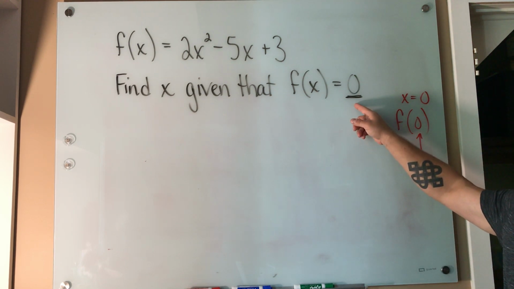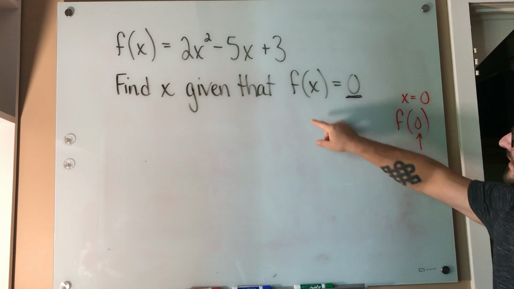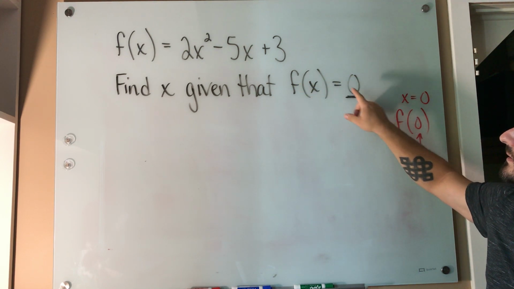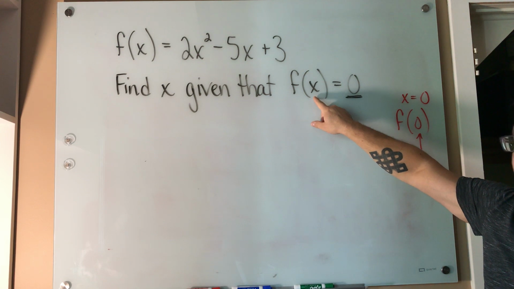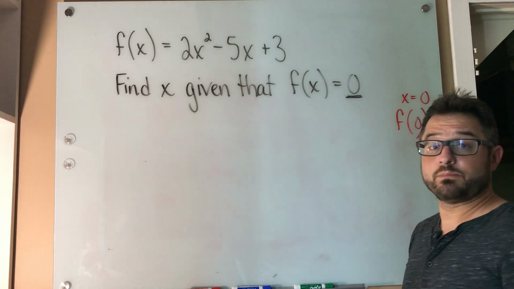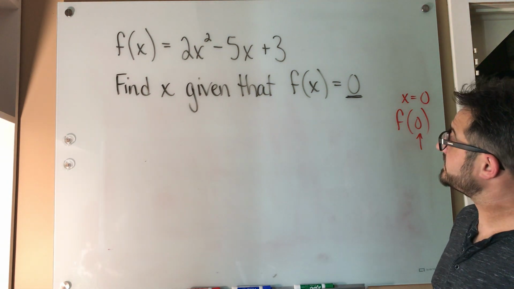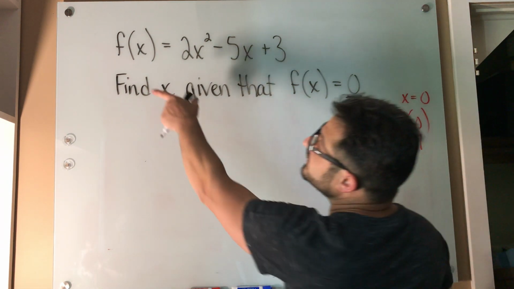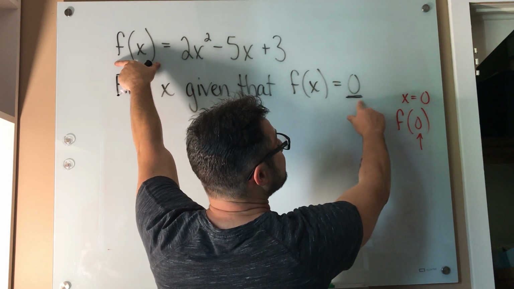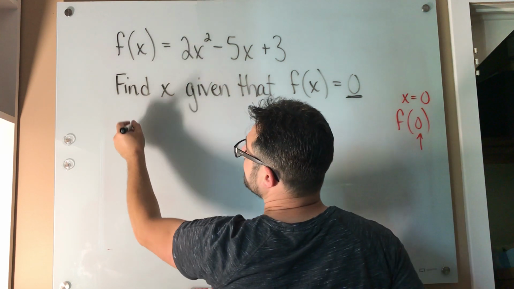This is on the other side of the equal sign. It's telling us the output value is 0, but we don't know what the x is. Not a problem. We use the basic concept of substitution to remove f of x and replace it with 0.